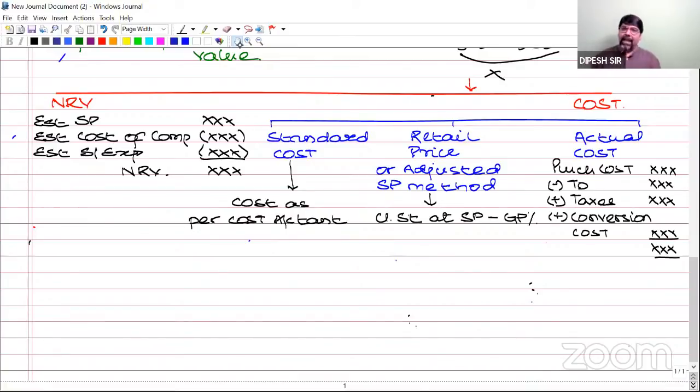Less trade discount, add taxes, add cost of conversion, that is labor cost, then indirect material cost, factory overheads, production overhead, all those. Now, conversion cost, chartered.